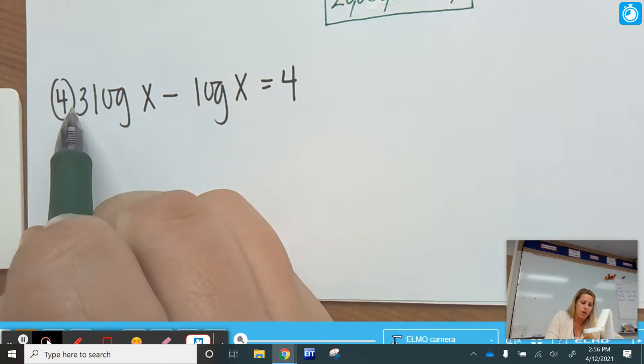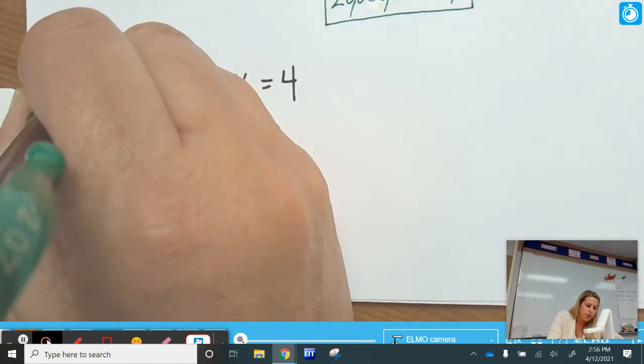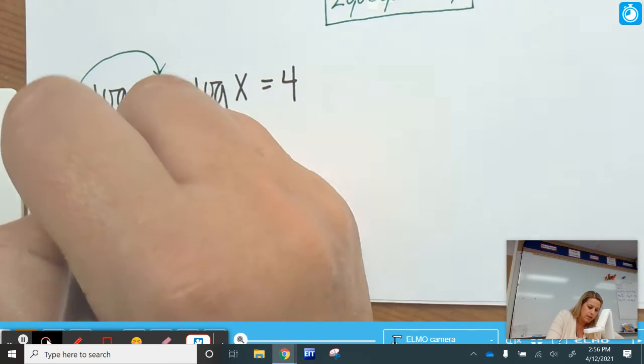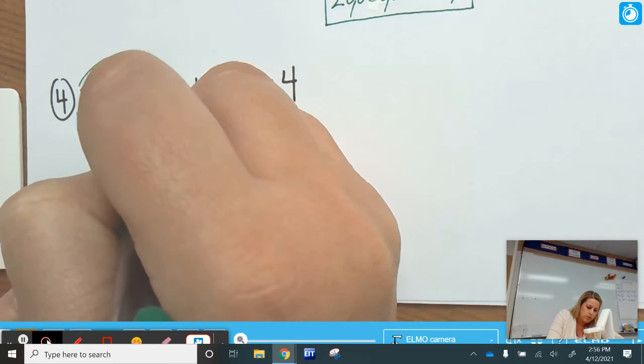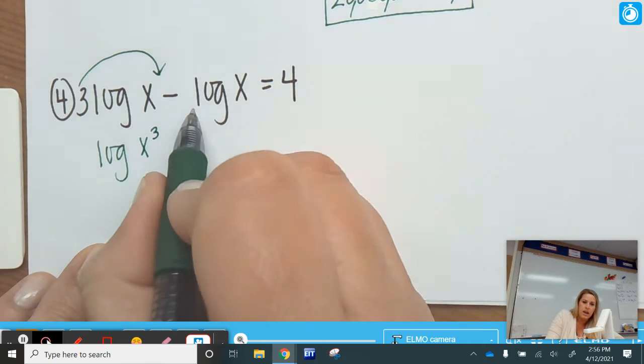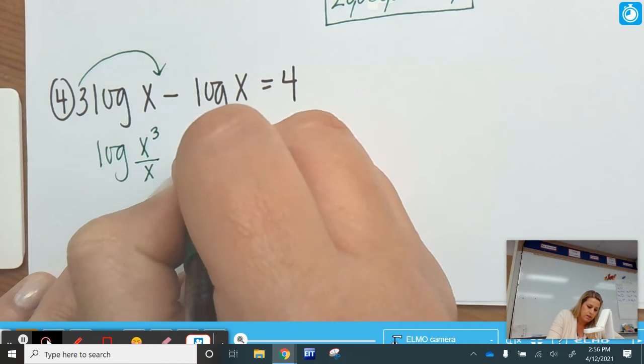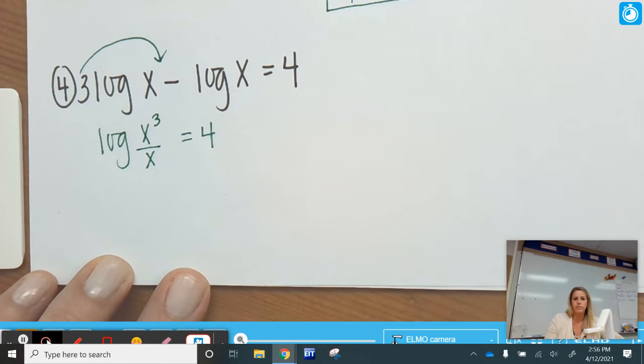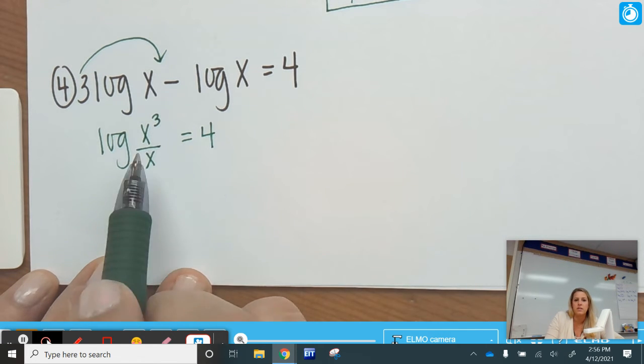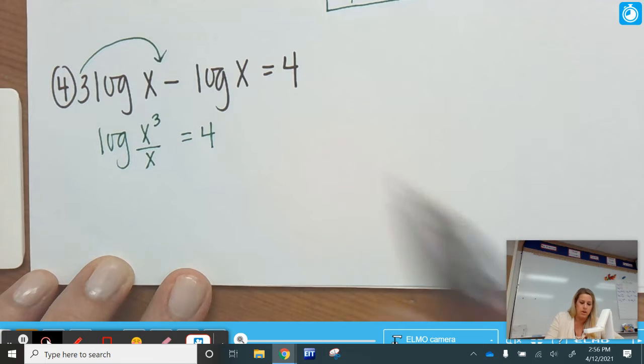All right, so I've got a coefficient. I can bring that back and get log x to the third power. And then I have a minus, which means I'm going to divide. Okay, so I brought my logs together. Now I can convert.